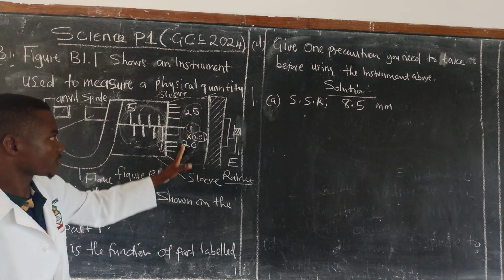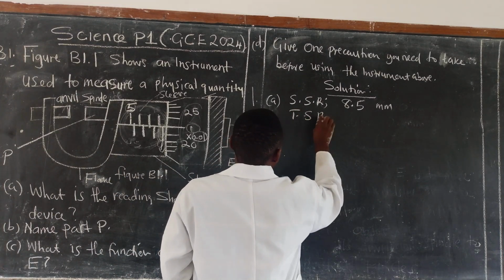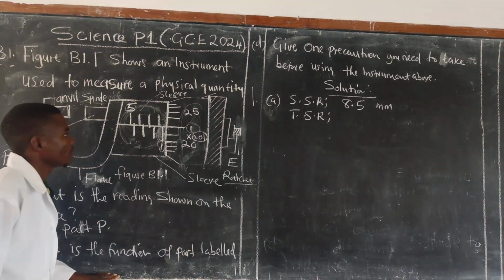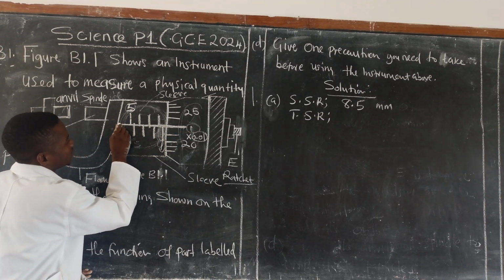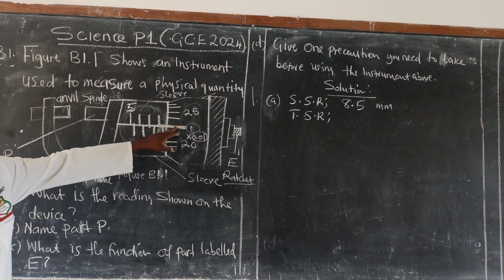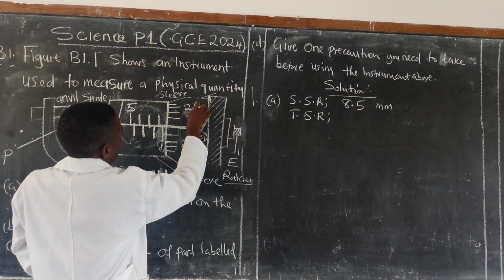Now we go to the thimble scale. How do we get the reading here? We always consider this line. So we start counting: this is 20, 21, 22, 23, 24. Then 25 is supposed to be here.